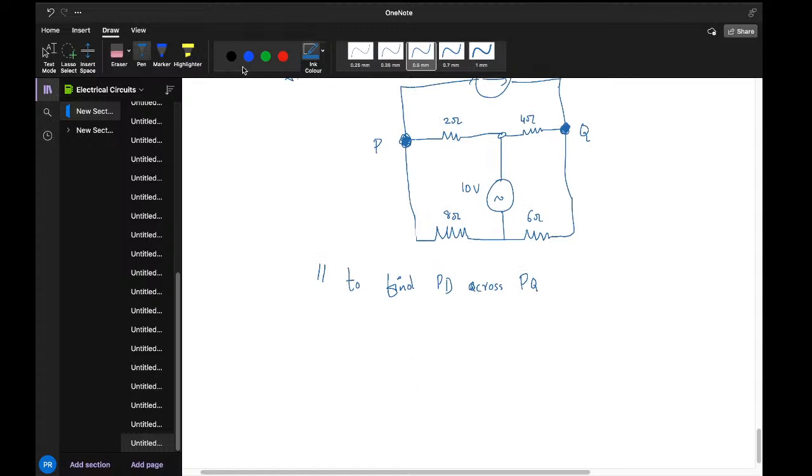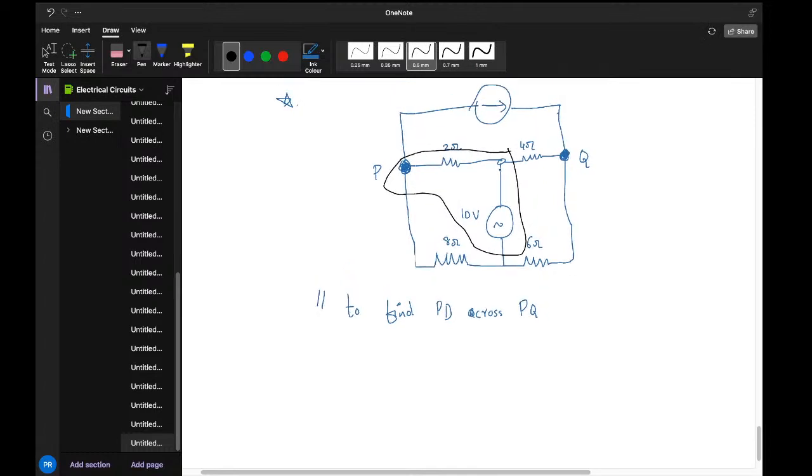So first we are interested in this part of the curve, and second we'll be interested in this part of the curve. So we are interested in these two parts of the curve.